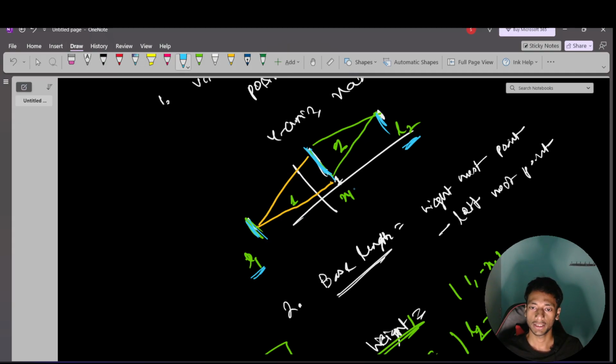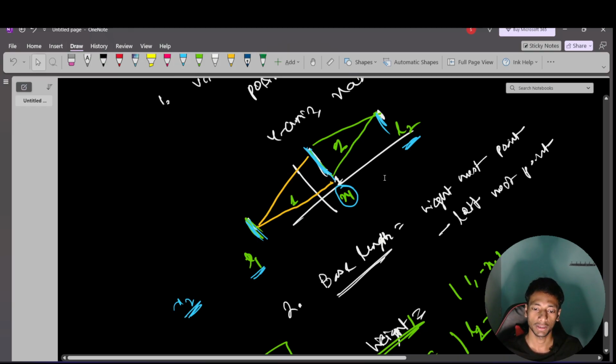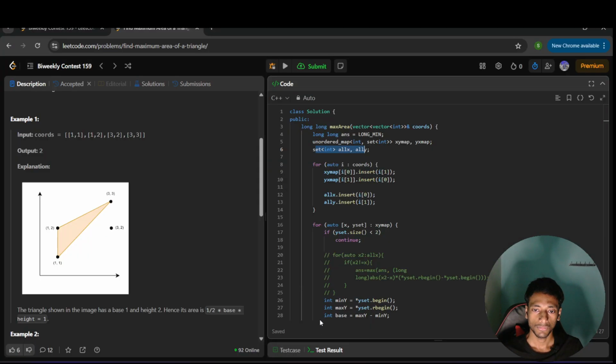Currently I know that this is our x1. I need to know the x2 also, the third point, correct? So from the all-x set I can easily find that x2 and the third point are possible. Got it? So I have to store all the x coordinates and all the y coordinates.